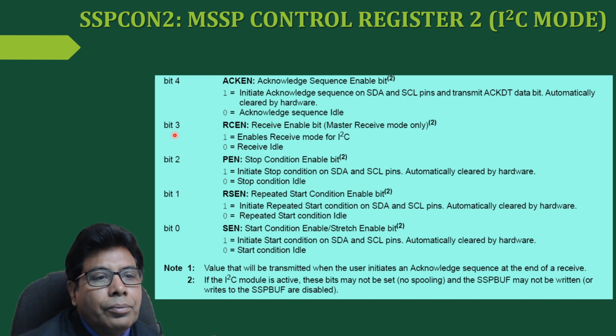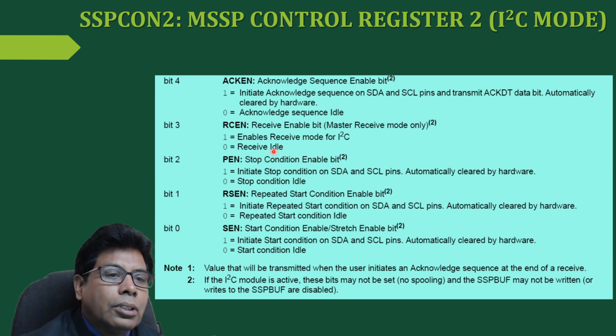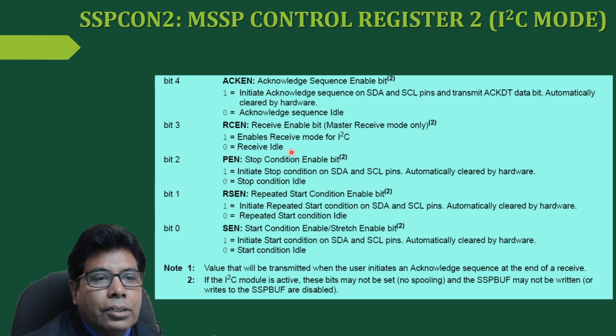Then bit 3, that is the receive enable bit. 1 enables receive mode for I2C, and if it is 0, receive will be idle, so it will not be able to receive. Then bit 2, that is the stop condition bit.